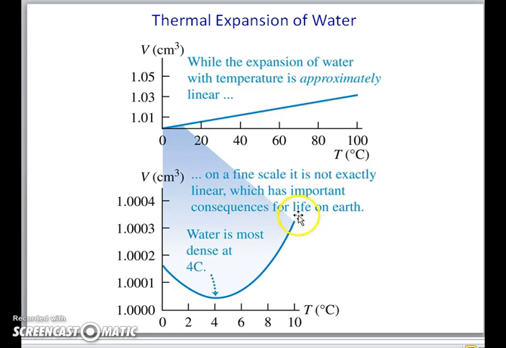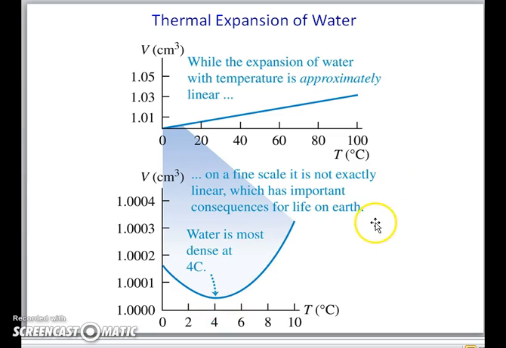And what do we see? As we are lowering the temperature, the volume is decreasing. That's fine till a point is reached, 4 degrees Celsius, and then from 4 degrees Celsius to 0 degrees Celsius, the volume starts increasing again.